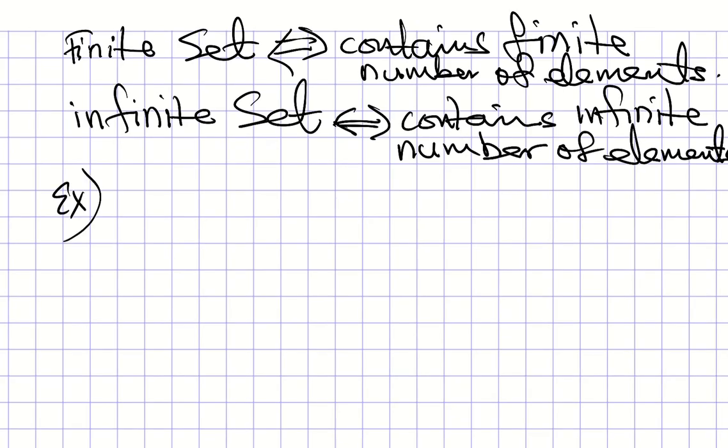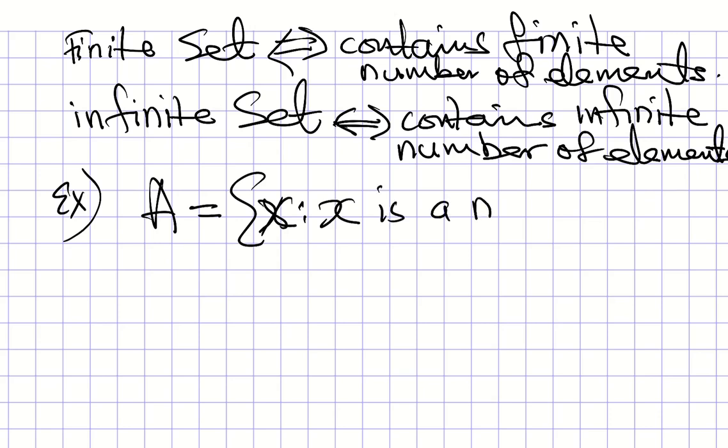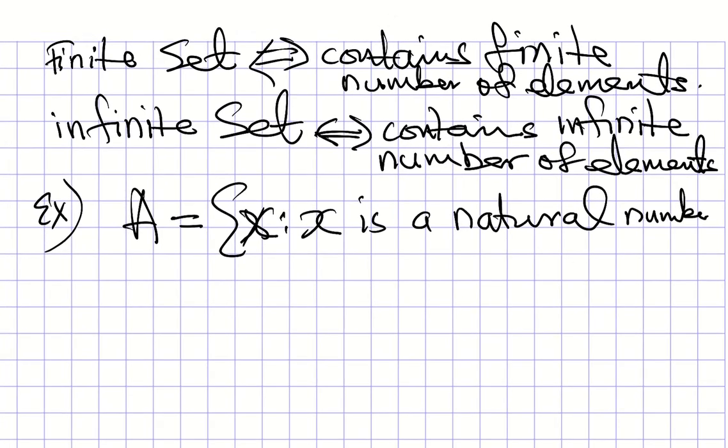Look over here. A is equals to x such that x, this is small x now, not a big x, is a natural number. I just want to write a natural number, right? X is a natural number.